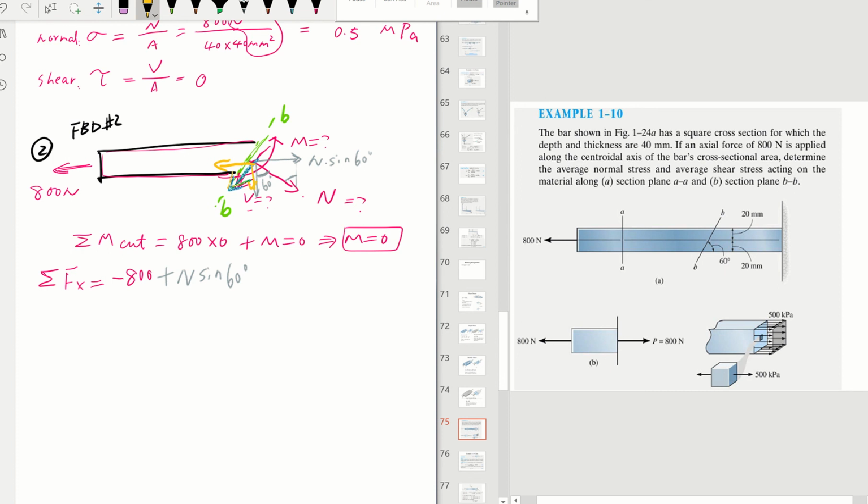Okay, so for this x direction force, I would say this angle right here is 60 degrees. So knowing that, this x direction will be our V, right? V times, oh, I think I made a mistake. This is not 60 degrees, this is 30 degrees.